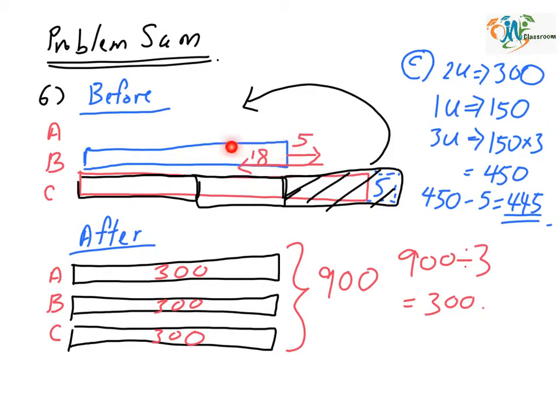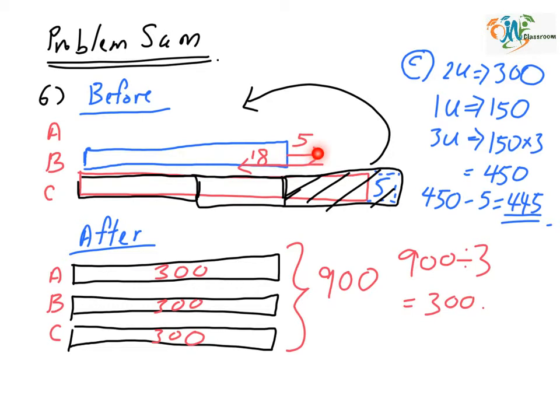I repeat again, guys. At the end, B has this amount, which is 2 units. Can you see 2 units? Then we have to return back the 5 sweets. We put back 5 sweets because 5 sweets were transferred out from B. So we will replace it. Then after that, the 18 sweets that was given by A, we also return it. You all get it?